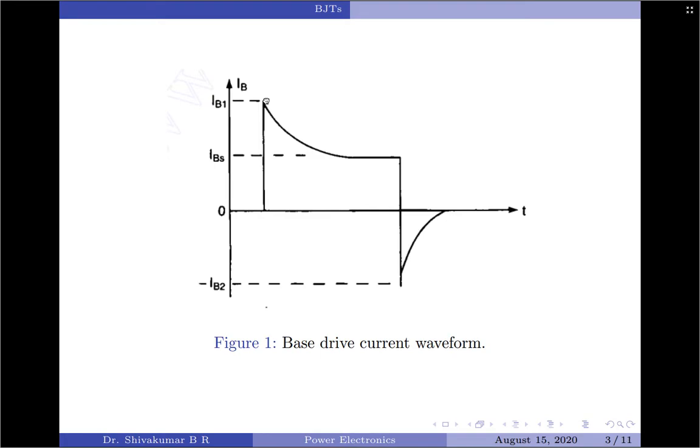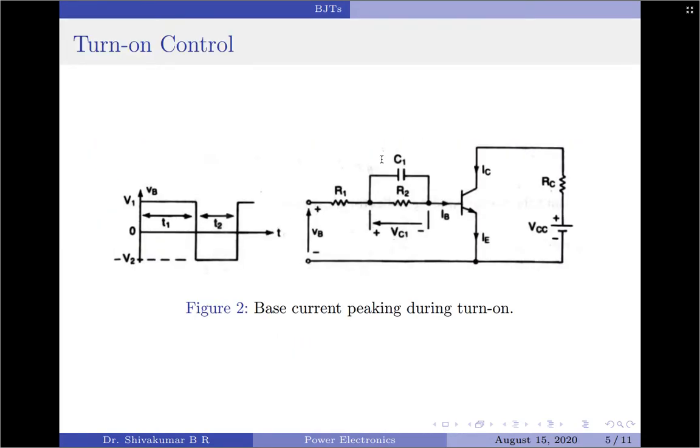Now as the voltage across the capacitor rises, the base current steadily decreases, and at this stage the capacitor is completely charged and the current will be a steady state value. So there are two currents for this particular circuit: at time t equals 0 and at the time when the capacitor is fully charged.